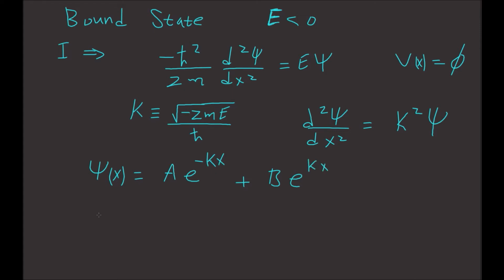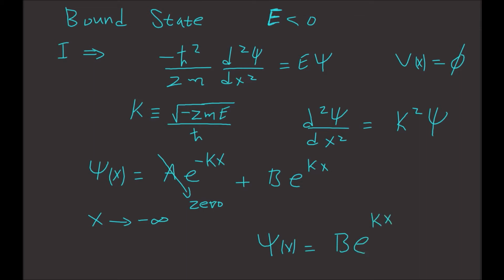If x approaches minus infinity, because we are looking at the first region, the first term blows up, so we have to cancel it by forcing A to be equal to 0, and the solution then is psi(x) equals B e to the kx.